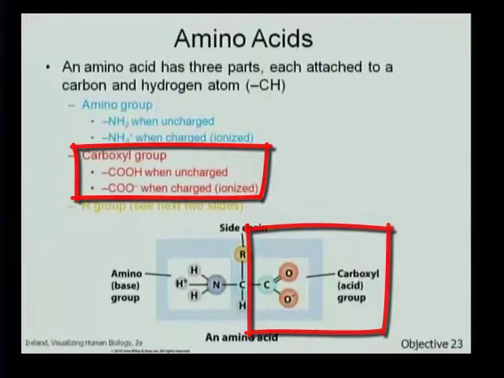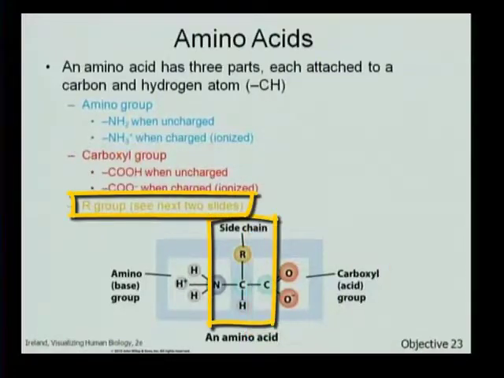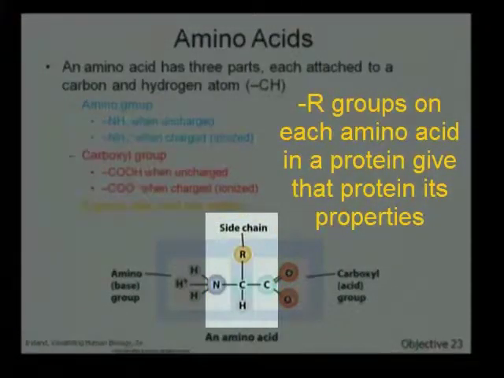And then sandwiched in the middle is an R group. The R group is important for the function and the properties of each of these amino acids. And when we string together the amino acids into a protein, the R groups are what give that protein its specific properties.